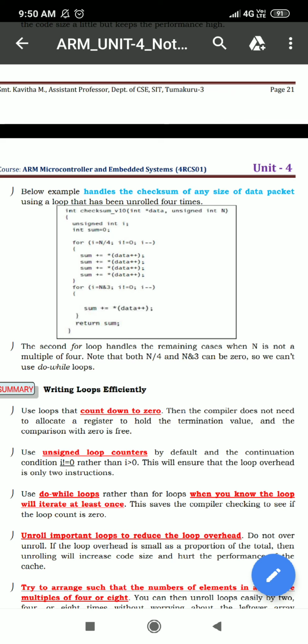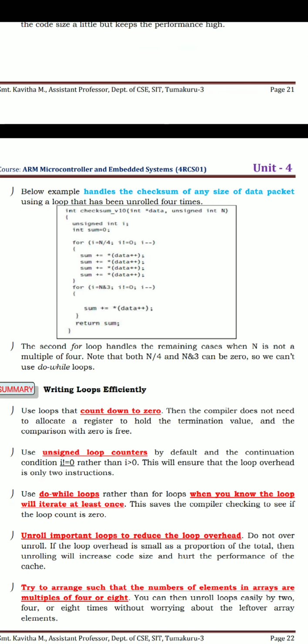Yes, it is true, and the summation operation is executed 4 times so that the 4 words in the data packet are added. So only one iteration is sufficient to add the 4 words, and you can observe that for this case the second for loop has not been executed. These are a few cases for handling data packet sizes which are not a multiple of 4.